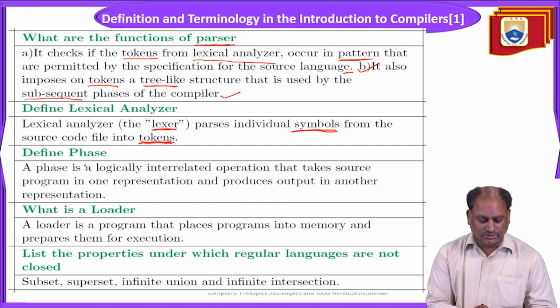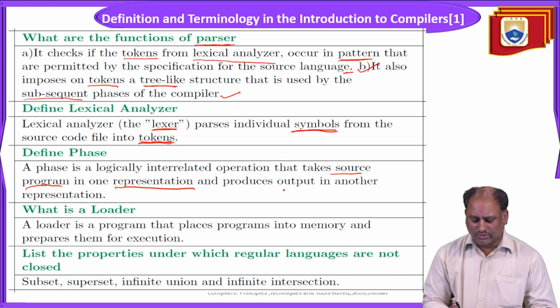What is a phase? Here we know that the compiler is divided into several phases, and the whole program is processed through them. Each phase is logically interrelated: it takes the source program in one representation and produces output in another representation.